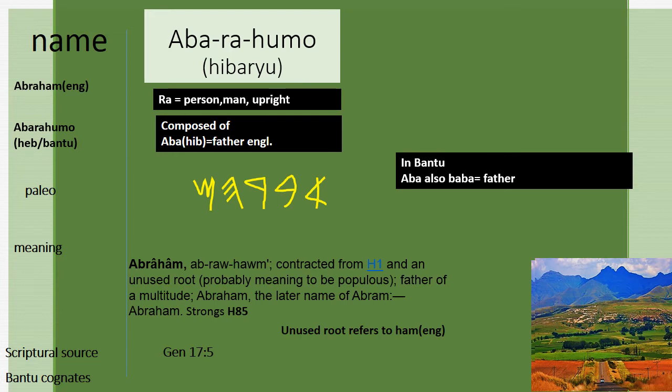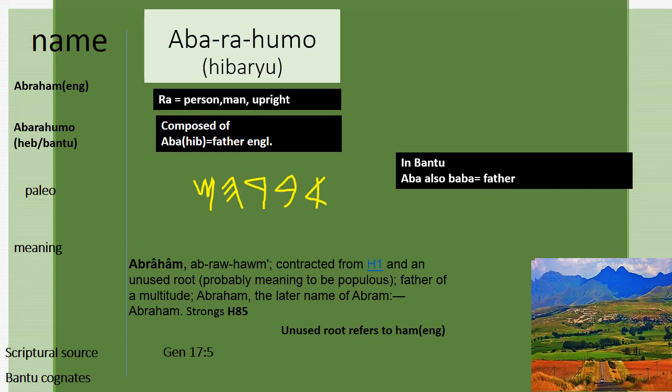Now we can see that this compound word Abba, Ra, homo, is the word or the name that was given to, in English, Abraham, given to him by Ahaya Ya Tabot Shemawe. Ahaya or Ya of host, his name is.